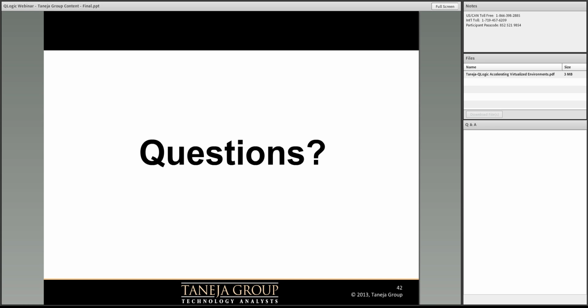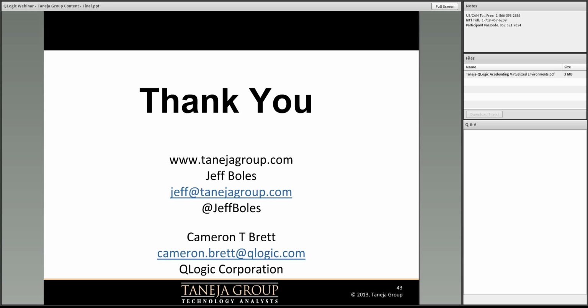Okay, it looks like we have one more question right now in the chat box. It says, during a vMotion with Fabric Cache, do you copy the cache from one physical server to another? I'll go ahead and take this one, Jeff. Again, as noted before, the original copy of the cache stays active even after the virtual machine has been moved to a different physical server.